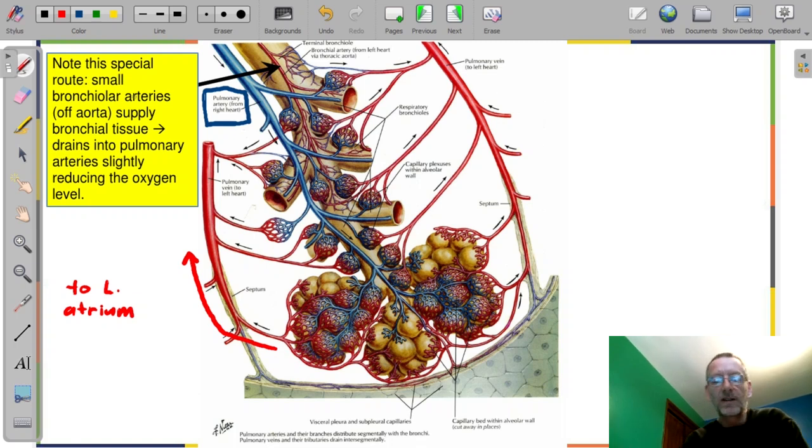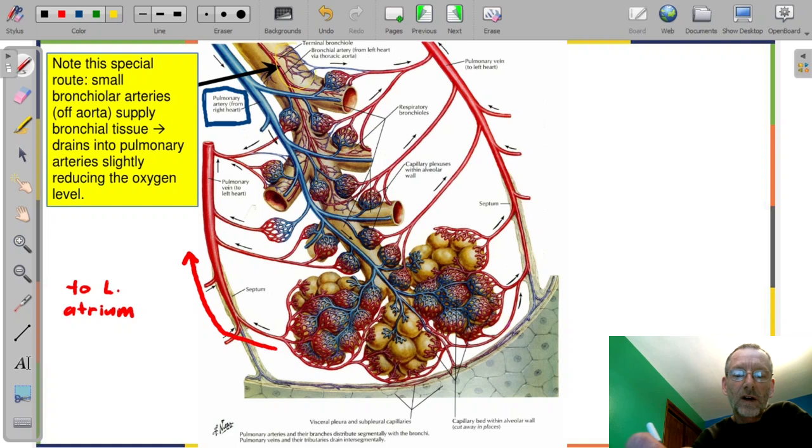And what's interesting, if you follow along here at the very top of the figure, there's the bronchial artery shown by the black arrow. It then supplies capillaries, which are shown on the surface of the bronchiole.